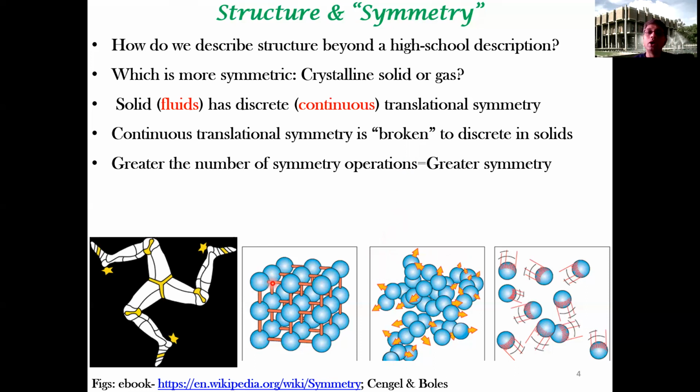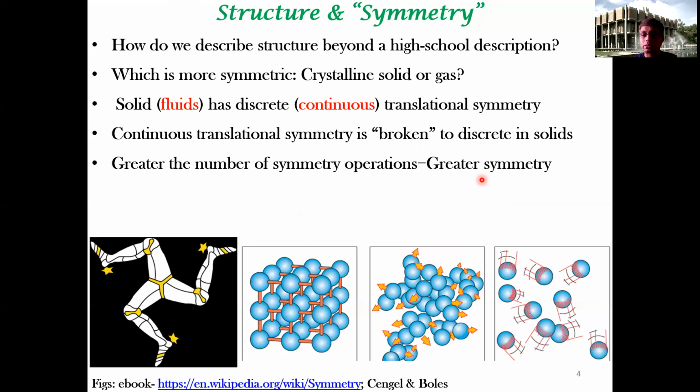So going by this definition, if you pause and ask yourself which is more symmetric, even though you may have guessed that the crystalline solid appears to be more symmetric, going by the number of symmetry operations, fluids have greater symmetry because they have a greater number of symmetry operations.